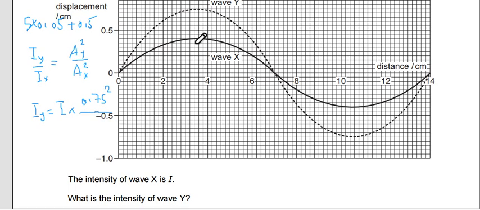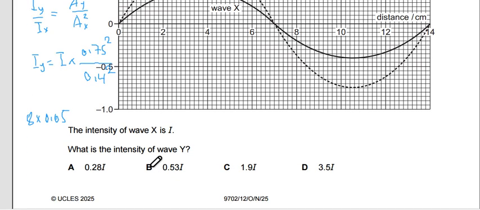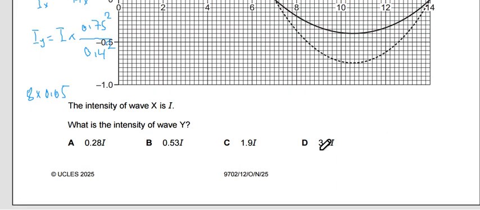Ax is 8 very small squares from 0, so 8 times 0.05, the value of a very small square, equal to 0.4 squared. Using your calculator, you will find this answer.